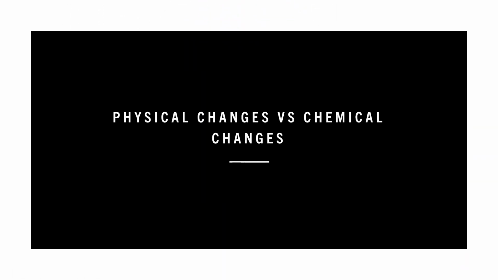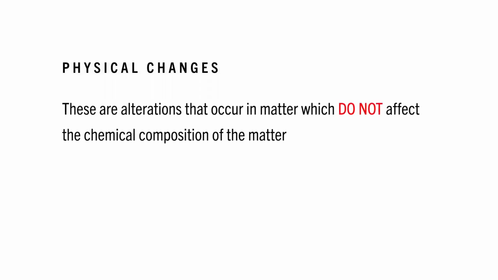Let's look at physical changes versus chemical changes. Notice the states of matter that we just observed went through physical changes. The melting, the freezing, the sublimation, they were all physical changes. But now we are going to be looking at physical changes and chemical changes. Now, what are physical changes?